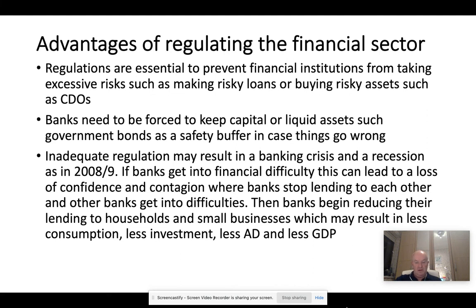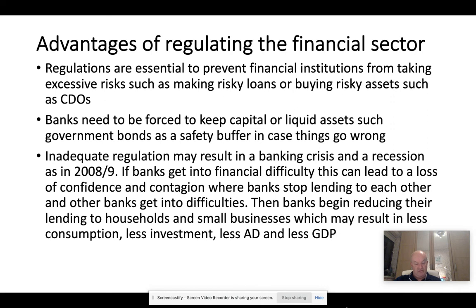So one of the issues around inadequate regulation is that those things were certainly contributory factors to the banking crisis and recession that we saw in 2008, 2009.